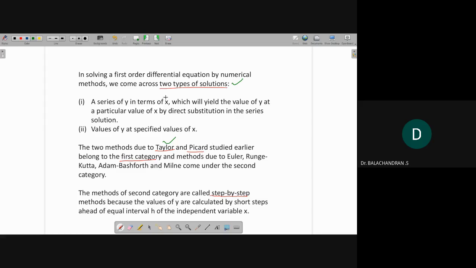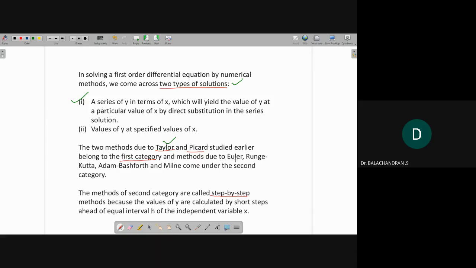One is the series solution, by Taylor series and Picard's method, a series of y in terms of x which yields the value of y at a particular x by direct substitution. The second gives values of y at specified values of x. Taylor's series method and Picard's method belong to the first category.